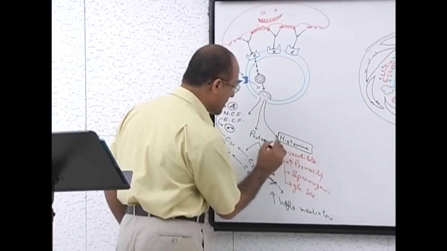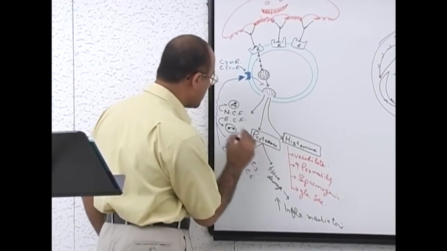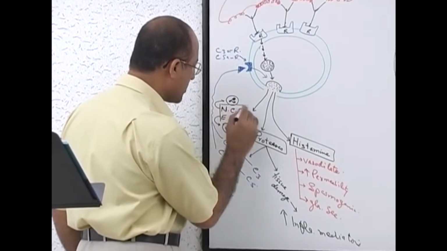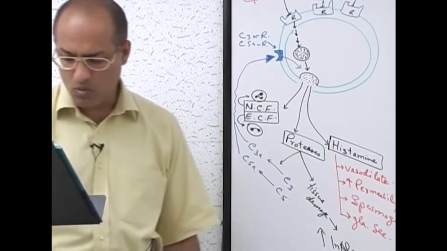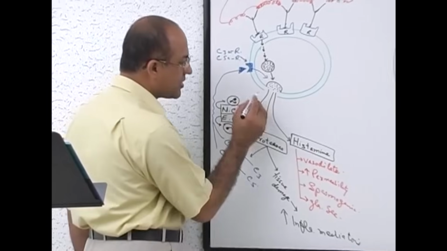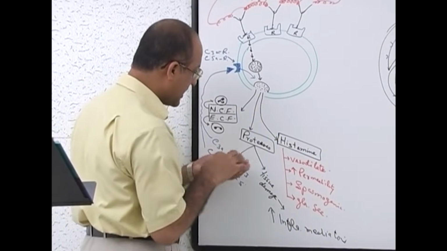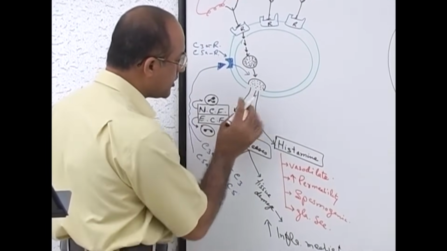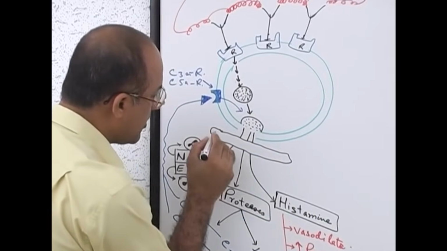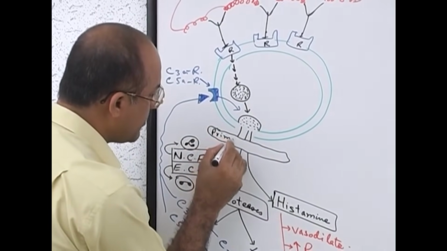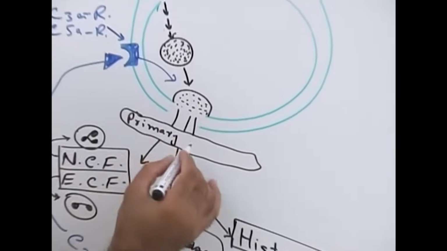That is histamine, the primary mediator, proteases, the primary mediators, and neutrophil and eosinophilic chemotactic factors. These are the primary mediators of type 1 hypersensitivity reaction.